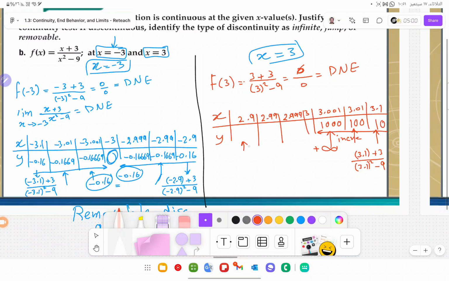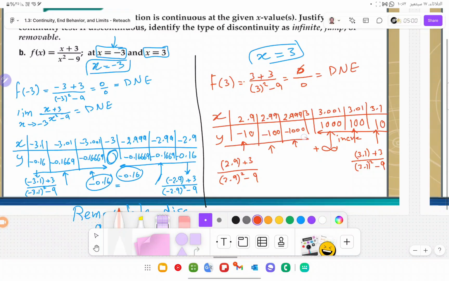Now let's test the other one here, which is 2.9. If we put 2.9 plus 3 over 2.9 squared minus 9, the answer will be negative 10, and here the 2.99 will be negative 100, and here it will be negative 1000.